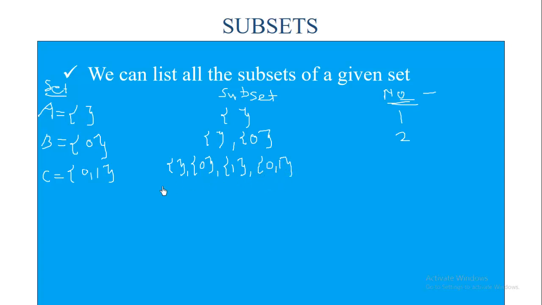That is the set itself. So we have 1, 2, 3, 4. These are the possible subsets we can list out of this. Then this will give us 4 subsets. So this is the number of subsets.